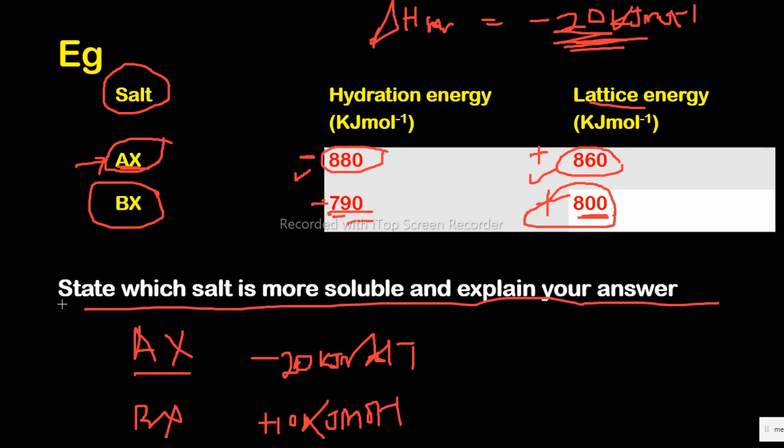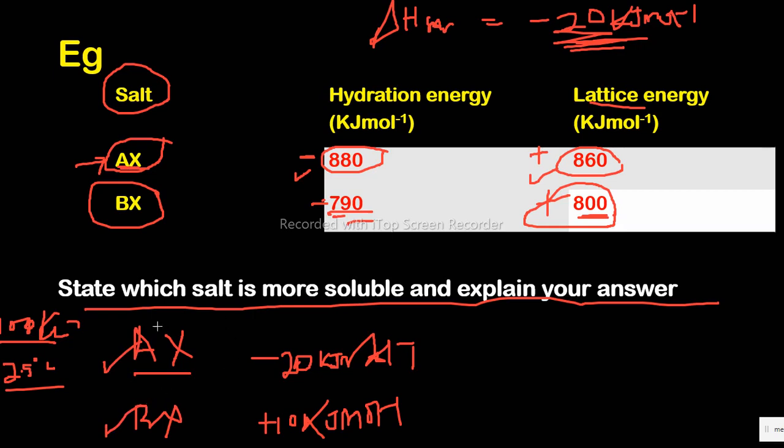So how do we measure solubility? If you have 100 centimeters cubed of water at room temperature, which is 25 degrees Celsius, and you dissolve both these salts to make a saturated solution. A saturated solution is that solution which cannot dissolve any more solute, for both AX and BX.